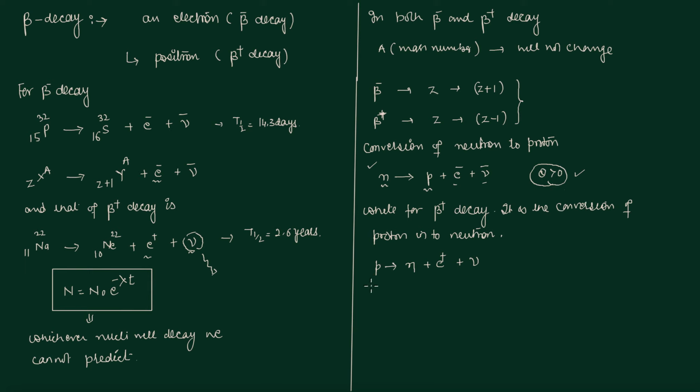But in this case, the Q value of the reaction is negative. If the Q value is negative, the process is non-spontaneous. Why is the Q value negative? Because the mass of the reactant is less than the mass of the product. Here the reactant is the proton and the product is a neutron, so the mass of the proton is less than the mass of the neutron, right? So this process is only possible inside the nucleus.